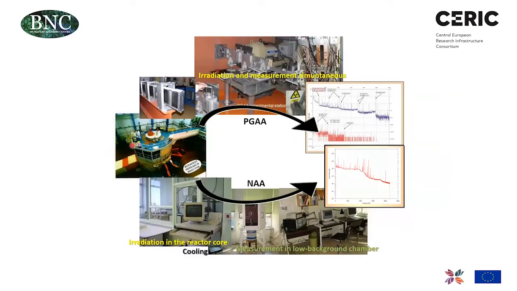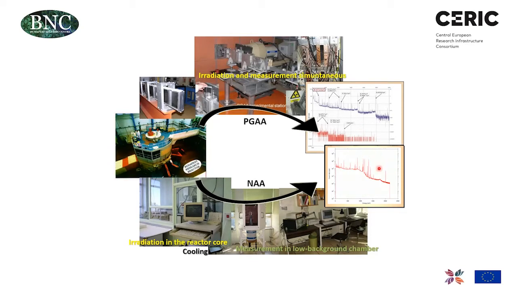And as I mentioned, there are two ways to do element analysis. This is the one way, when we deliver the neutrons to the sample in an external beamline. The other way is instrumental neutron activation analysis, where we put the sample into the reactor core. We let it irradiate for some hours, and then afterwards we remove it, and in a separate step in a counting laboratory, we record the decay gamma radiation.